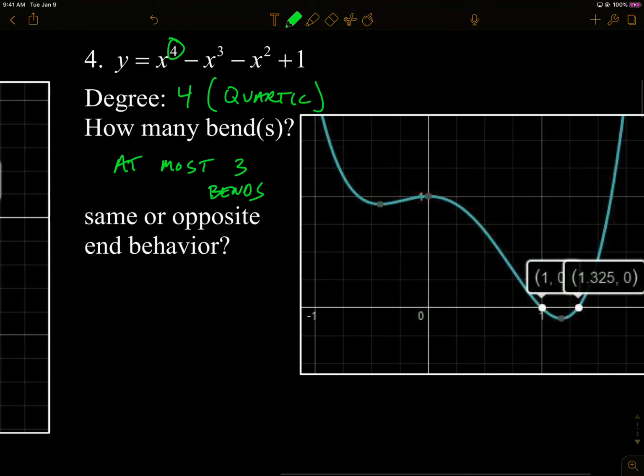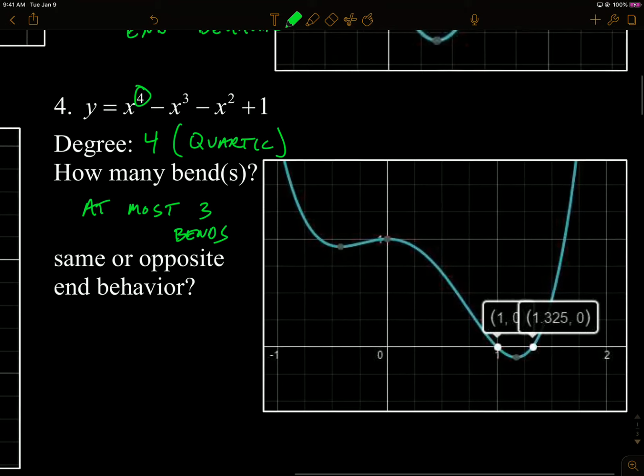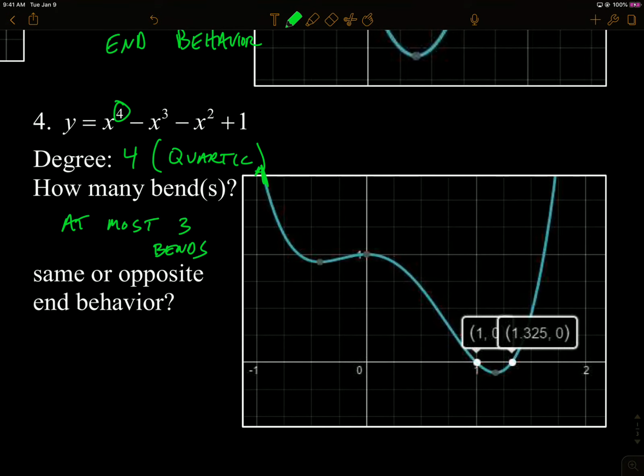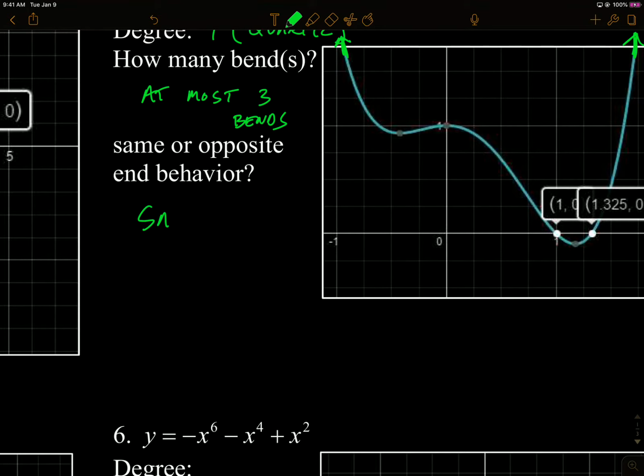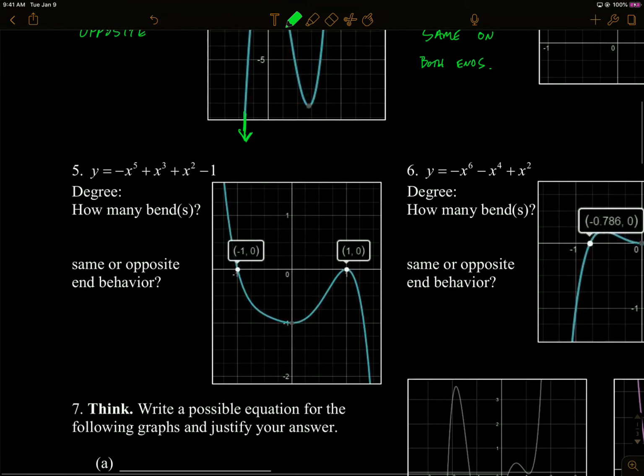So the quartic has at most 3 bends. We're interested in the end behavior now here. It goes up on the left and up on the right. So it's going to have the same end behavior on both ends. Ends meaning left side and right side.